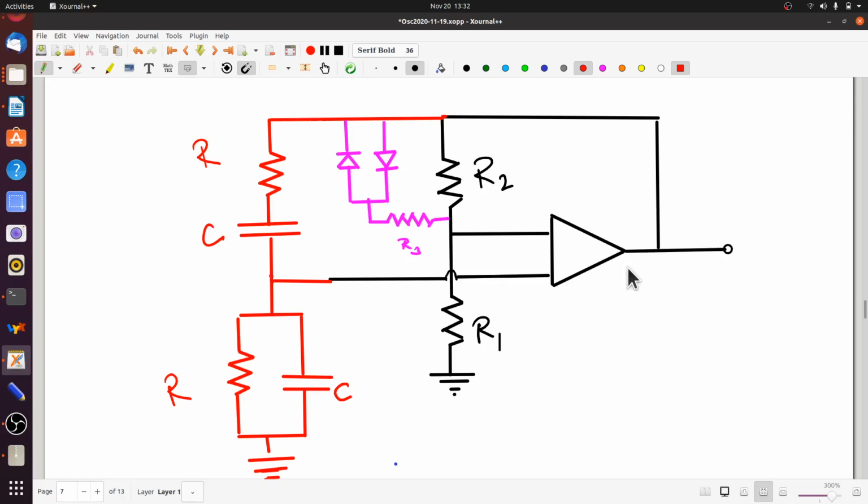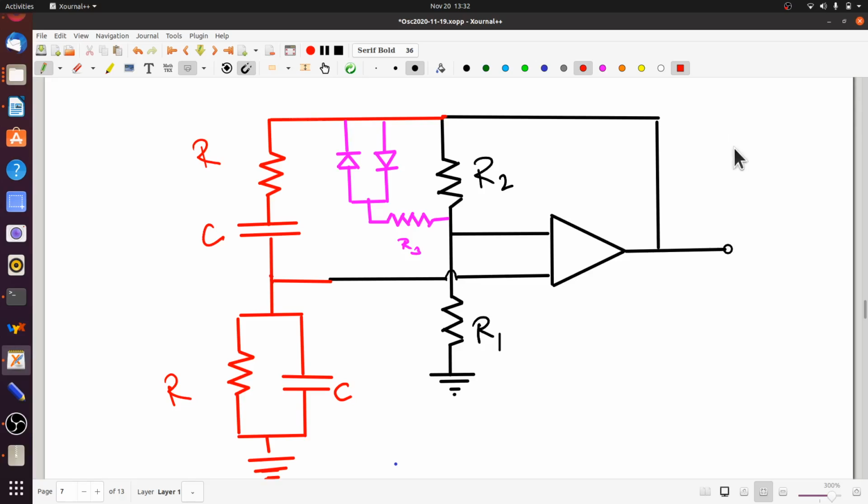So for very small outputs of this oscillator, the diodes will be cut off. So the R3 will be out of the circuit. So the gain of the amplifier will be given by 1 plus R2 by R1. And if you take R2 to be bigger than twice R1, the gain is more than 3, and the circuit is going to keep on growing the tiny noise induced oscillations into larger and larger values.